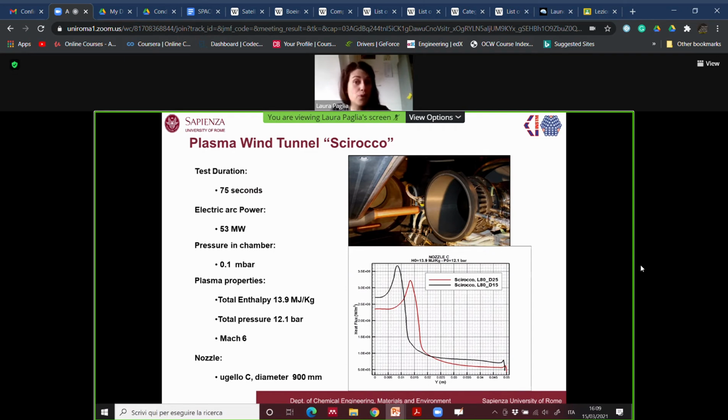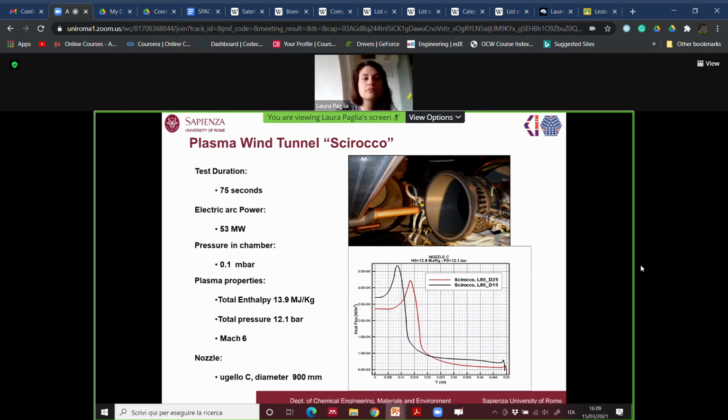This is very important for the evaluation, and this is very important also because the heat flux is an input parameter for my finite element model, okay? And so I have to know the intensity of the heat flux in each point of the profile of my material if I want to rebuild the test in the plasma wind tunnel, which is always a starting point in order to have a reliable finite element model for an ablative material.